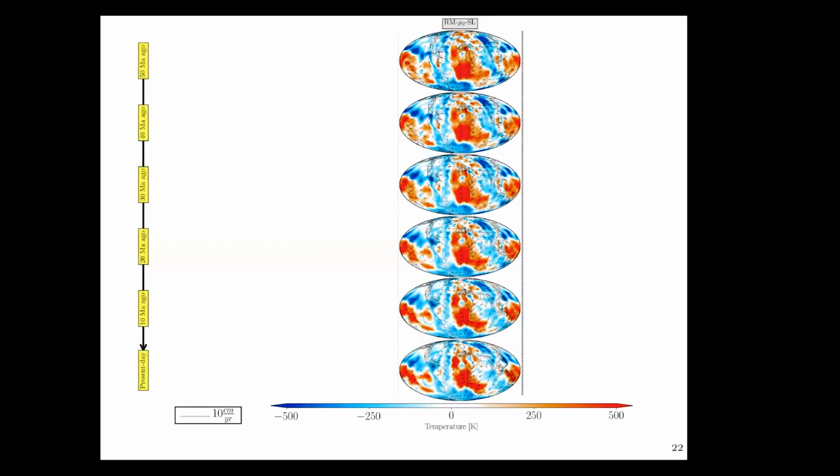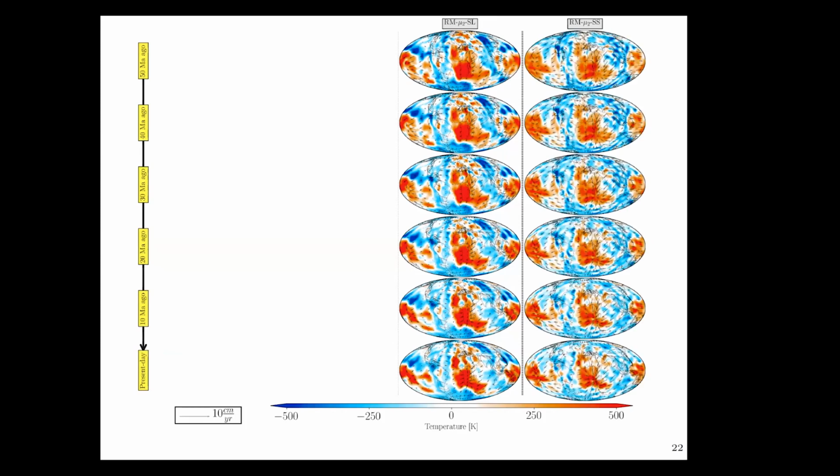Now, we can look at this structure from a 2D point of view. Here I have the time scale on the vertical axis, going from 50 million years to present day, and the temperature evolution of this model in this column. In order to see why things happen slower than expected, we can change the tomography model. What we see is that even by changing the tomography model, not much changes.